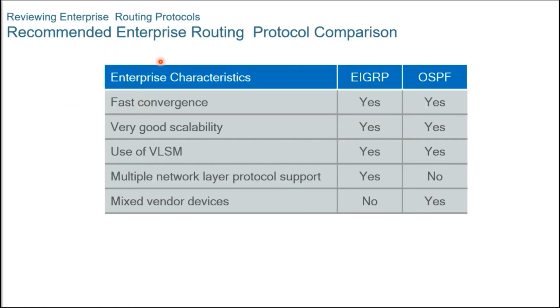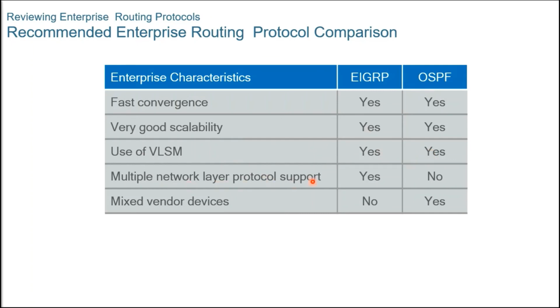Recommended enterprise routing protocol comparison. Basically, this yields two of the most popular interior gateway routing protocols, EIGRP and OSPF. They both have fast convergence and very good scalability. These two both use VLSM.